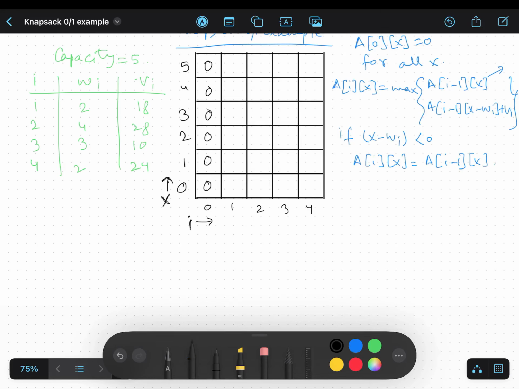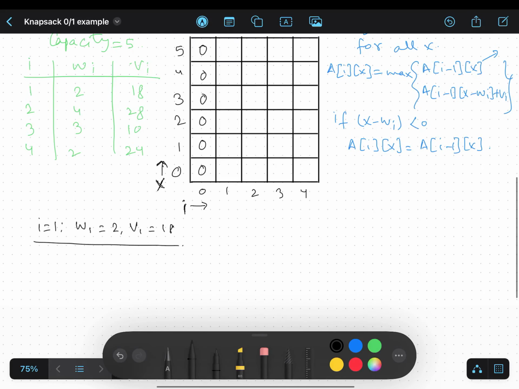So we will start with I is equal to 1, where W1 is 2 and V1 is 18. For I is equal to 1, we are going to do this for every x.